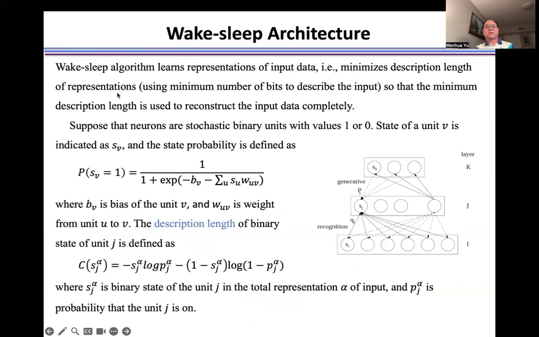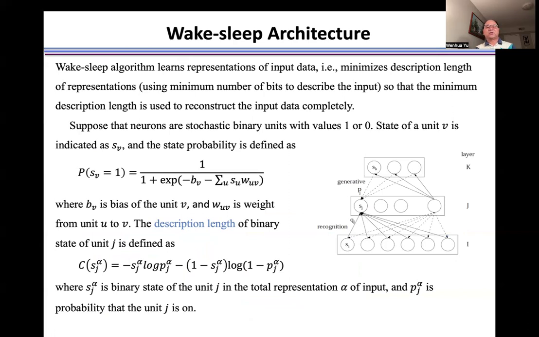The wake-sleep algorithm learns representations of input data, namely it minimizes the description length of representations so that the minimum description length is used to reconstruct the input data completely.